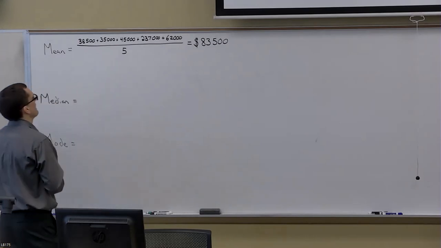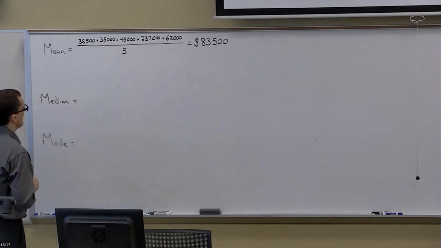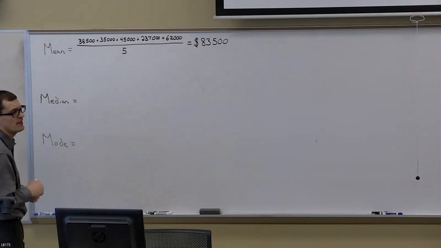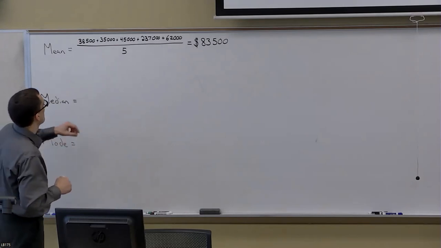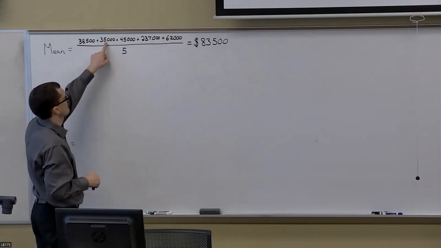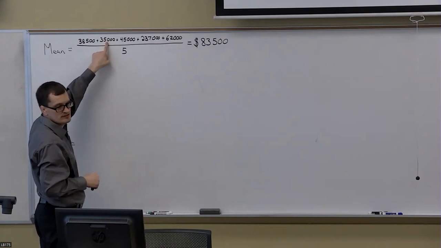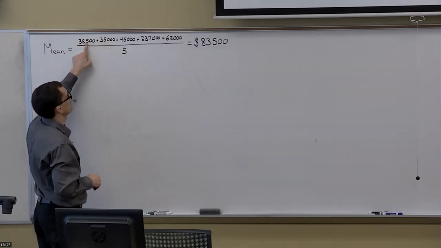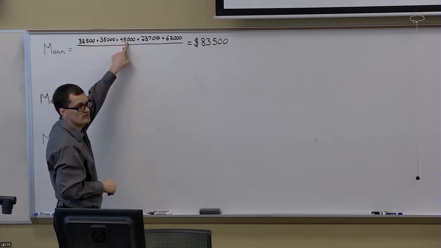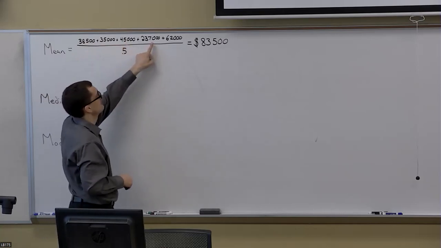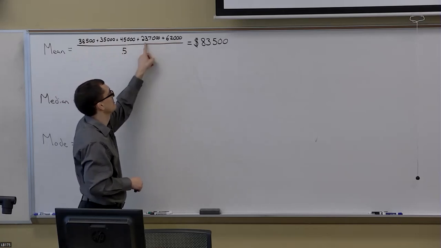Now the median, this data set wasn't listed in order from least to greatest. Actually, the 35,000 is the smallest. Next smallest is 38,500. Next smallest is 45,000. Next smallest is 62.